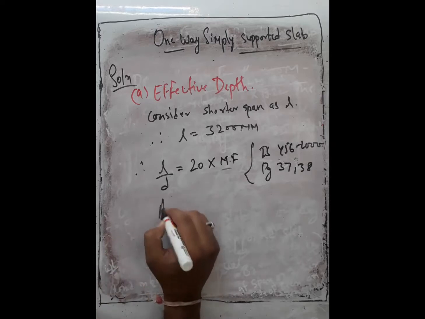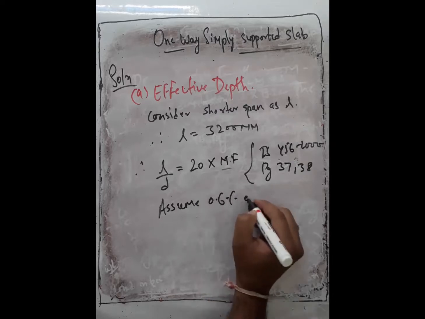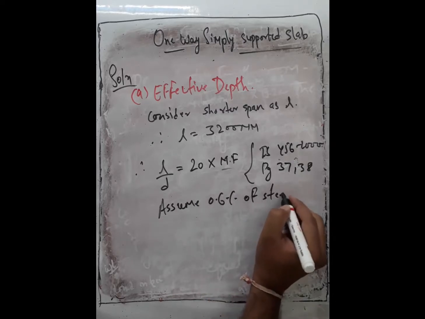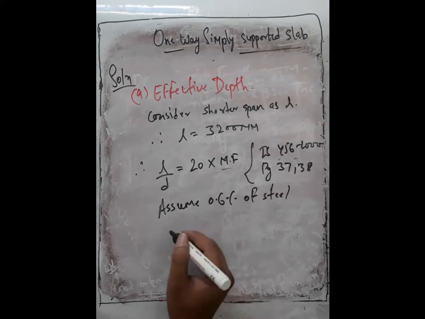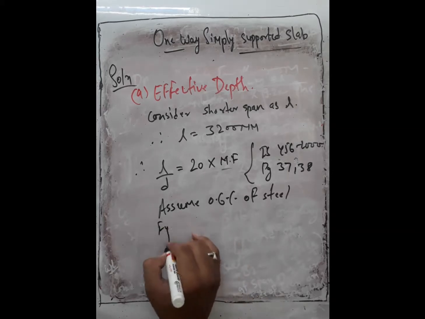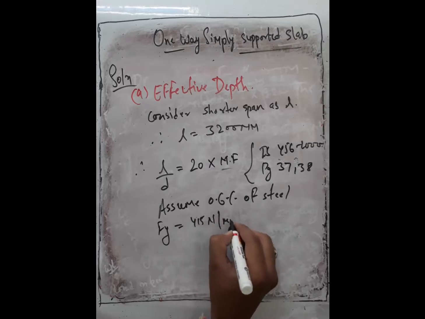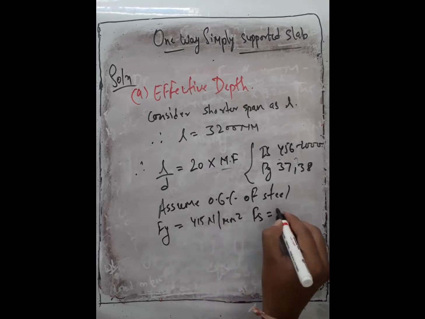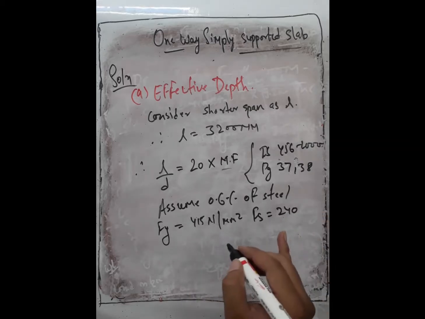So here we assume the percentage of steel is 0.6%. Now with the help of the figure, we have been given 415 Newton per mm square, and fs we already know. In case of 415, fs is equal to 240 Newton per mm square.